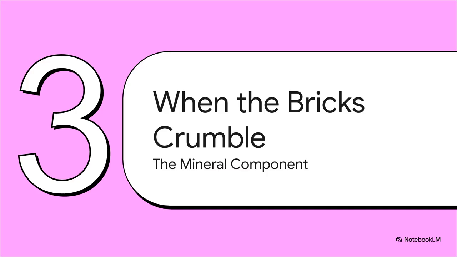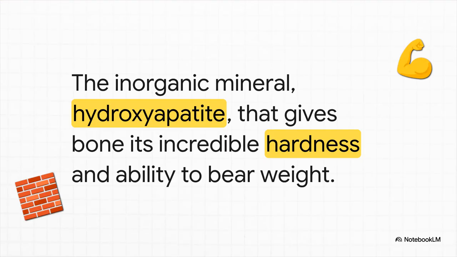All right, so using that blueprint, let's see what happens when one of those components fails. We'll start at the most basic level. What happens when the bricks themselves start to crumble? This is all about problems with the mineral part of the bone. These bricks are the inorganic mineral in your bones, mostly something called hydroxyapatite. This stuff is what gives your bones their incredible hardness, their ability to bear weight and withstand pressure.